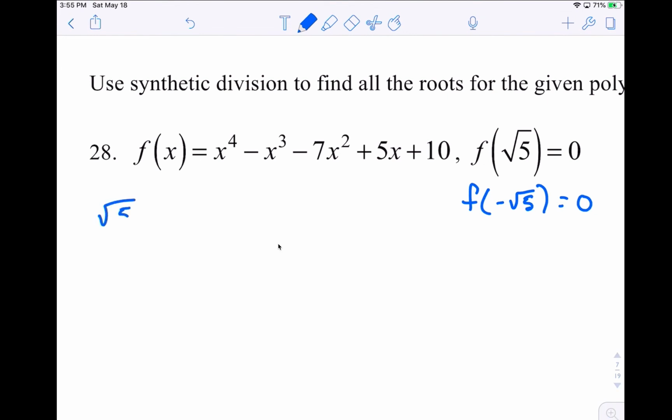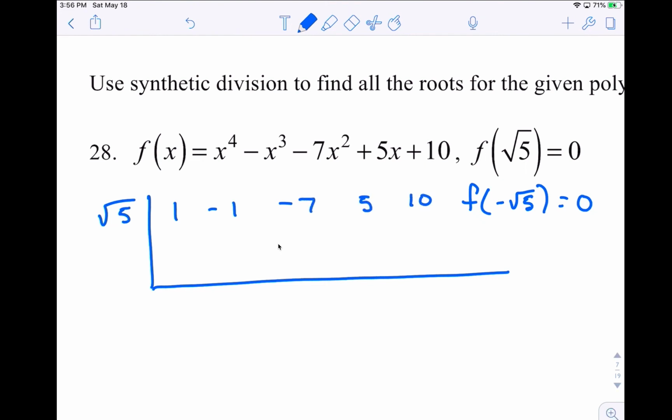So root 5, and then I got 1, negative 7, 5, and 10. Okay, so bring down the 1. So that's root 5. So negative 1 plus root 5. Alright, so then root 5 times negative 1 is negative root 5. And then root 5 times root 5 is 5.